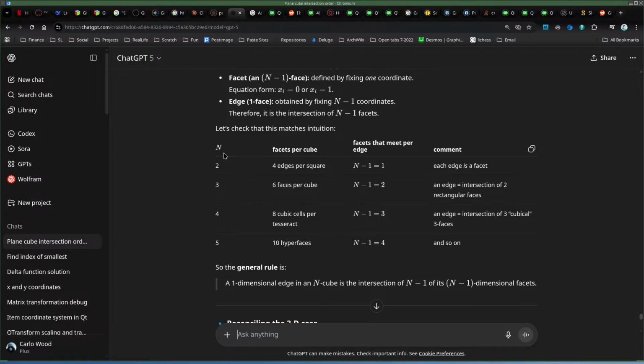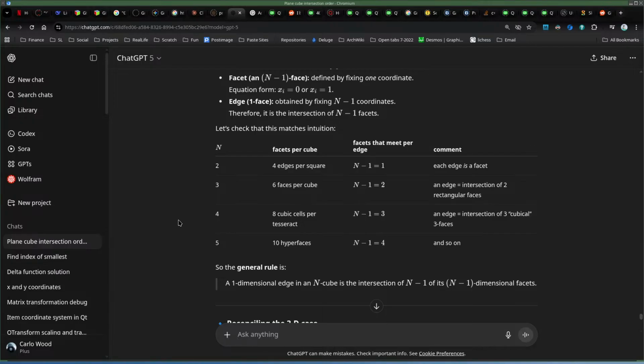Yeah, so for an n-dimensional hypercube, you have 2n outsides, for each axis. For each axis you have an outside on one end of the axis and an outside on the other end of the axis.